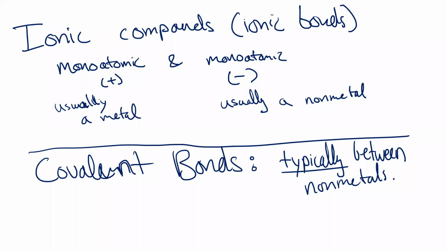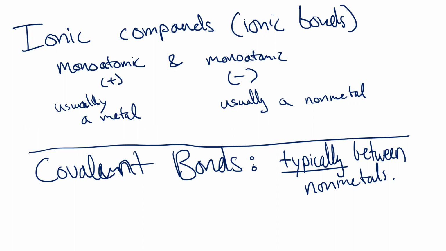I can't even say 99% are between non-metals, but I can say the vast majority, far more than 50%. Just that little group right up in here forms the vast majority of covalent bonds. And we generally ignore the noble gases for the most part. You can form bonds with some of the noble gases, but really just this little group forms the vast majority of covalent bonds.